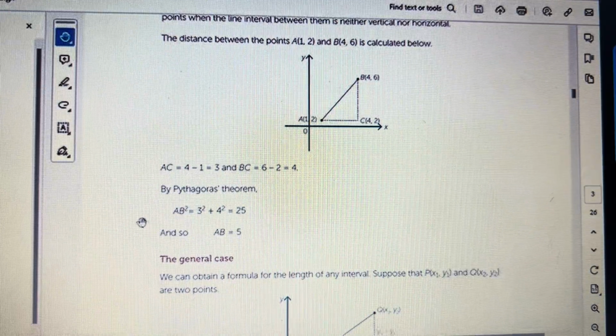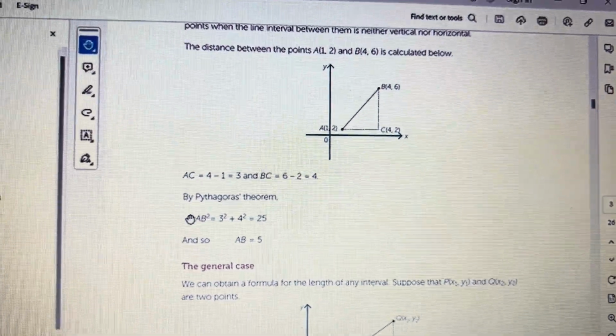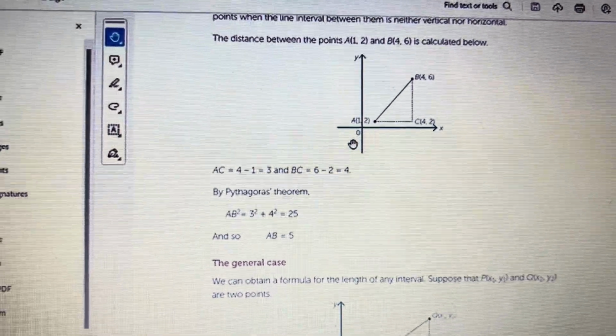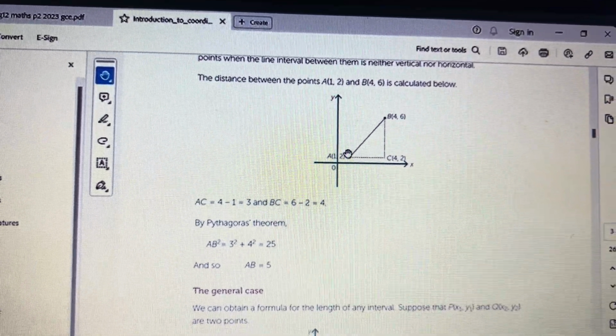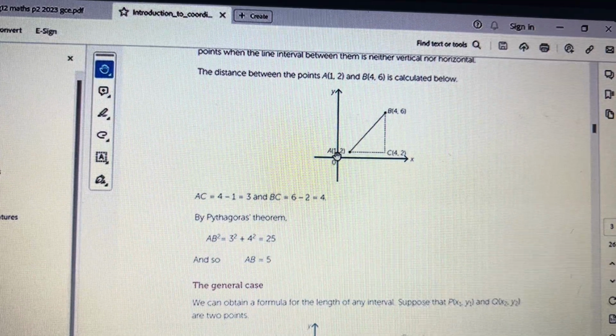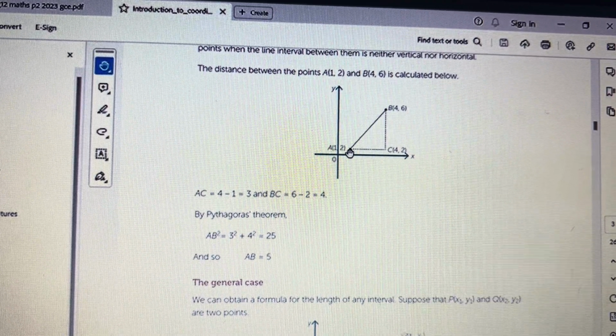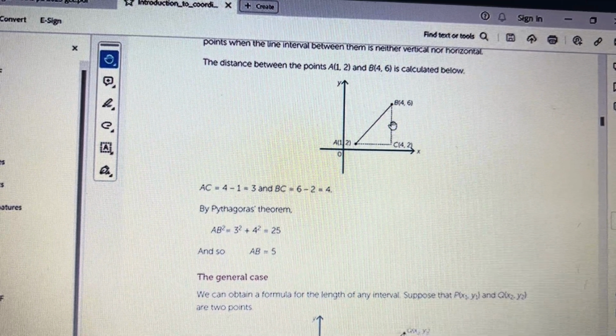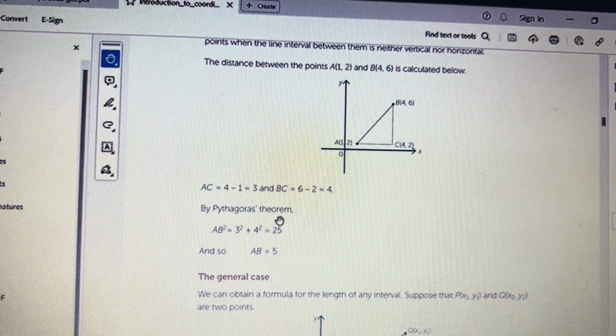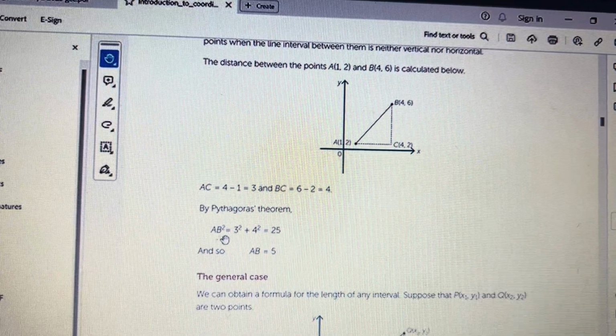We all know, I believe, the Pythagoras theorem, which says the distance of the hypotenuse, when you square it, is equal to the square of this distance here plus that distance there, which is represented here.